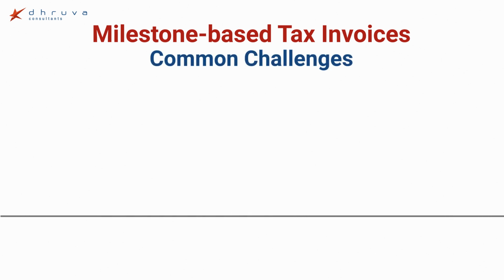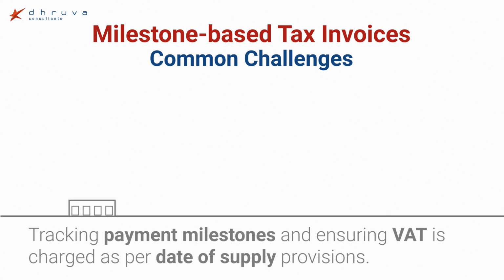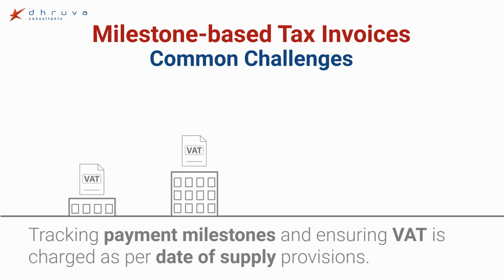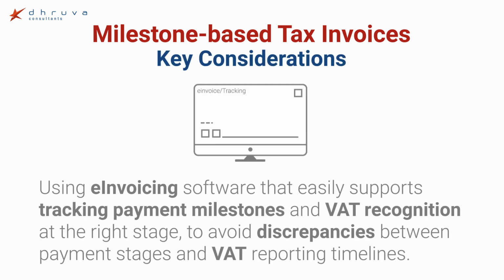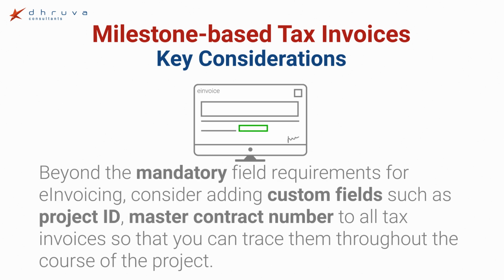Businesses usually face challenges in tracking payment milestones and charging VAT per supply date, and maintaining visibility of all tax invoices for each project. When dealing with such cases, one should consider checking that your e-invoicing software supports tracking payment milestones with VAT timelines, and adding custom fields such as project ID and master contract number for better invoice tracking.